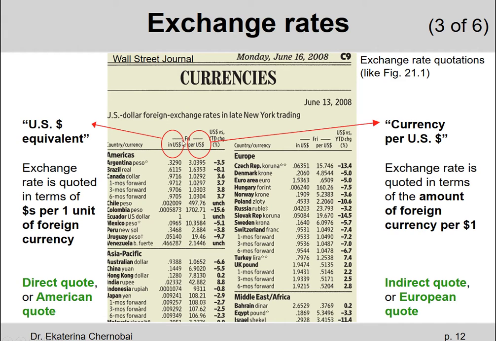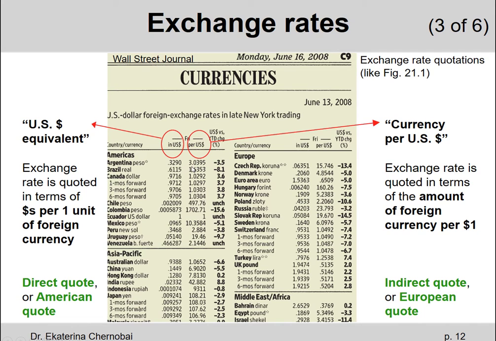So this has again a few different names. Currency per US dollar, which is the exchange rate quoted in terms of the amount of foreign currency per 1 US dollar. It's also known as the indirect quote or the European quote. Again, the term European quote has nothing to do with Europe. Kind of confusing, right?